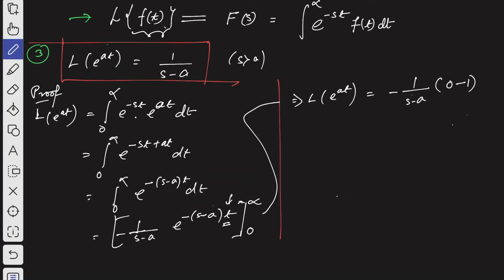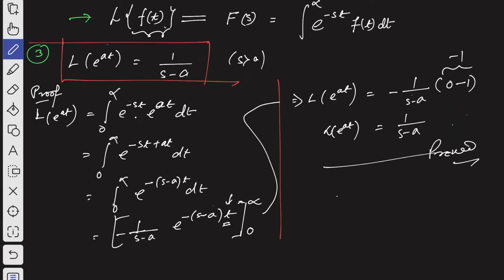That's what we have got after putting the upper and lower limits. So that's going to be equal to, here 0 minus 1 is minus 1, so minus 1 into this minus, that's going to be plus 1 by s minus a. So this is Laplace transformation of e to the power at, right? That's how we can prove. So hope you have understood this.